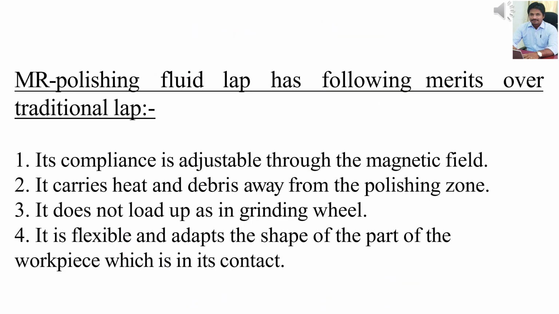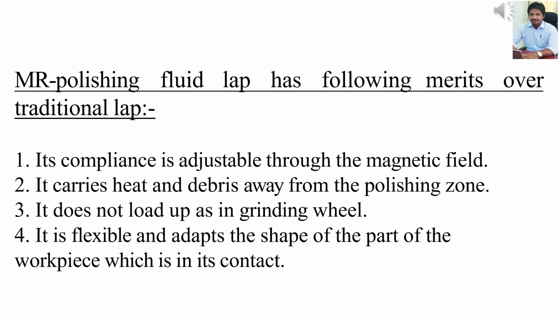MR polishing offers several advantages over traditional polishing machines. The compliance of the polishing tool is adjustable through the magnetic field. It efficiently removes heat and debris from the polishing zone. Unlike a grinding wheel, it does not clog or load up, and thereby uniform removal of material is achieved precisely.